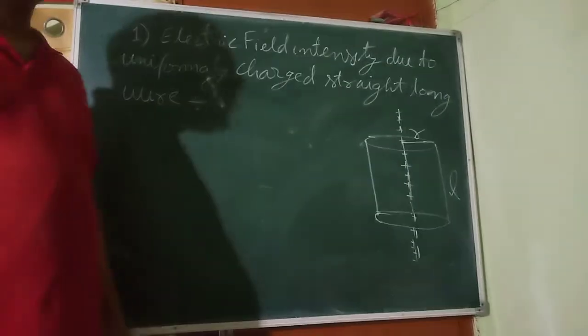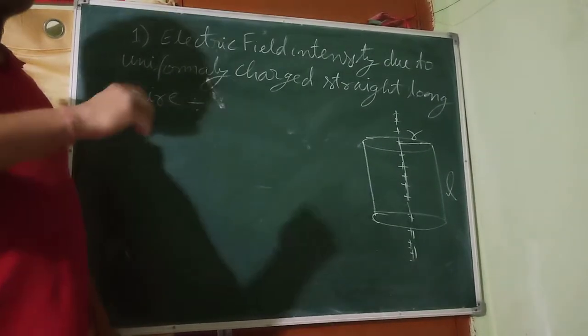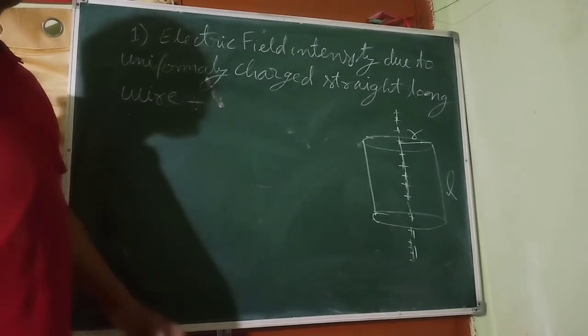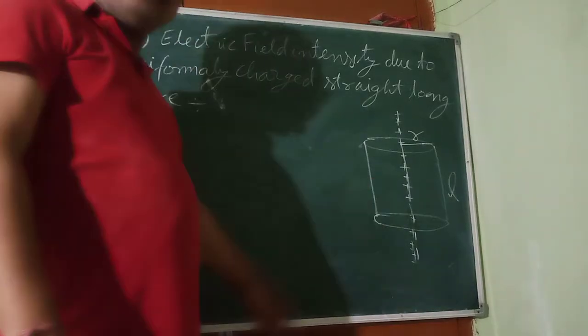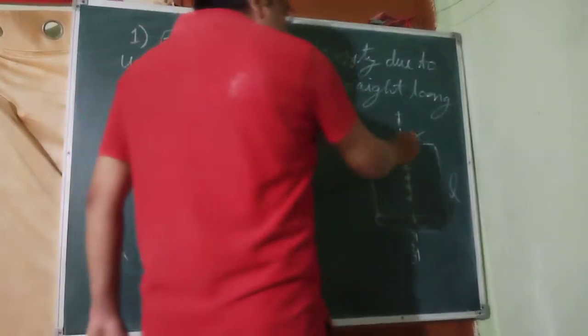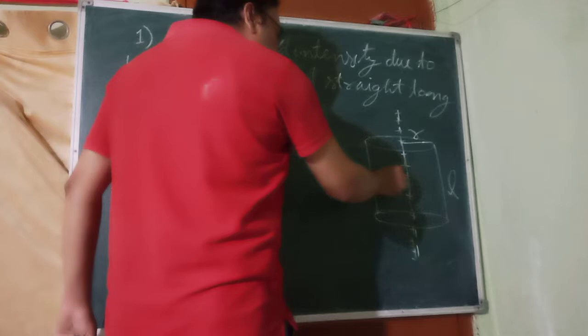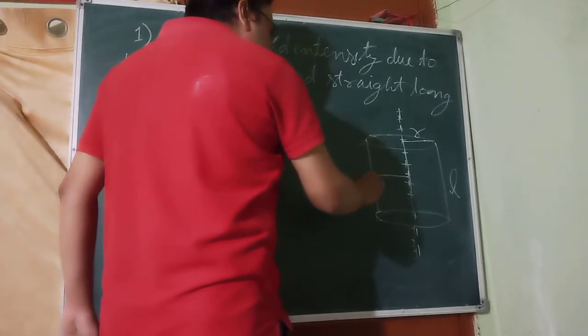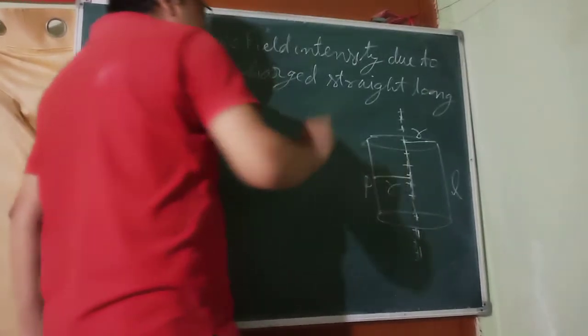Why have we taken this radius R? It has some significance. L can be arbitrary, it doesn't matter, you can take any length. Why have we taken R? Because we want to find out the electric field at a point P which is at distance R from this wire.